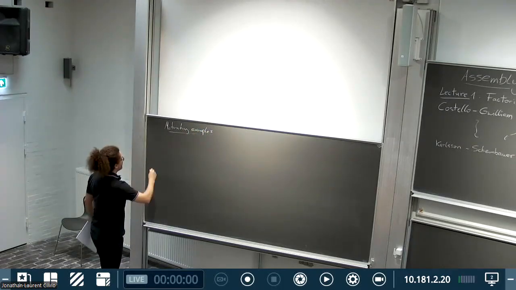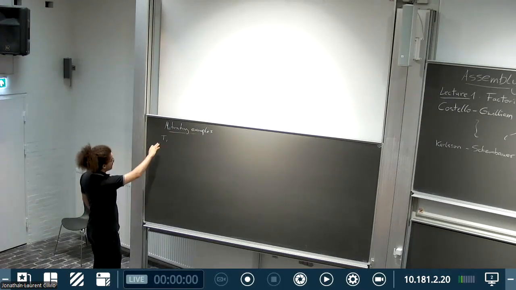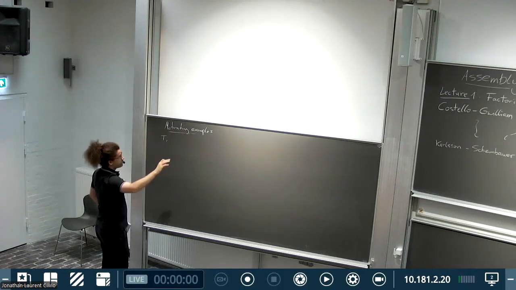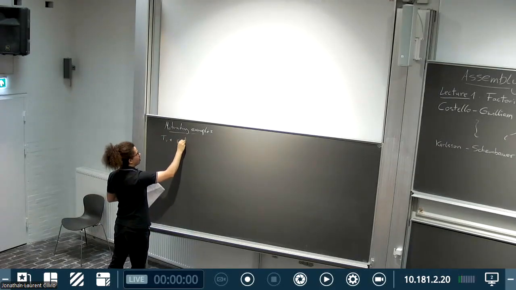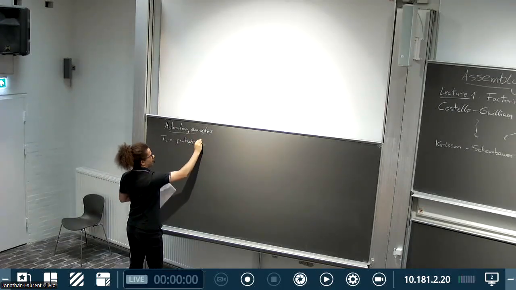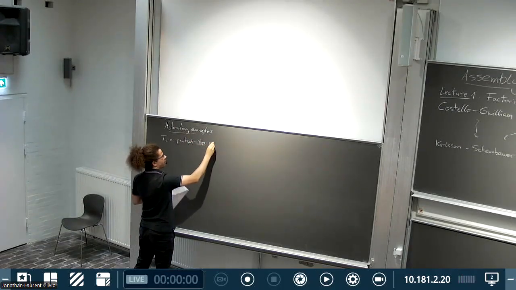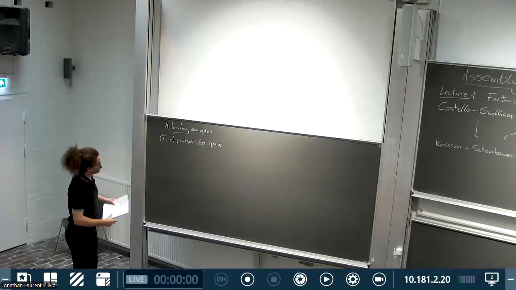Let's say you have some topological space T. I will specifically not use that letter X because this plays a bit of a different role, as we will see in a moment. So let's say I have a pointed space. Here we need a topological space, not an anima or infinity groupoid, but really an old-fashioned topological space.